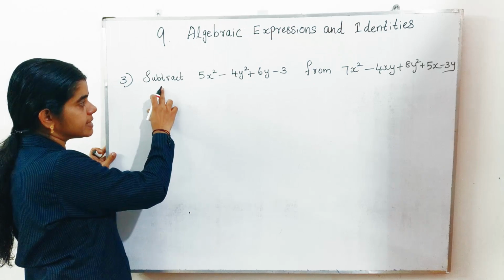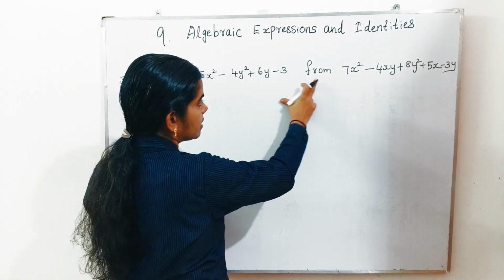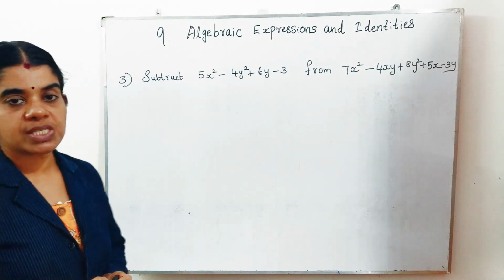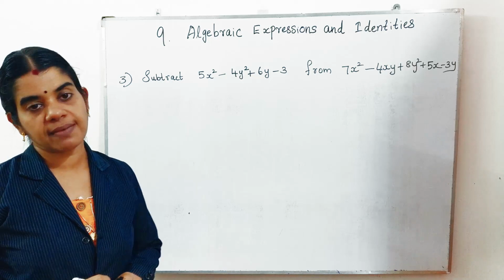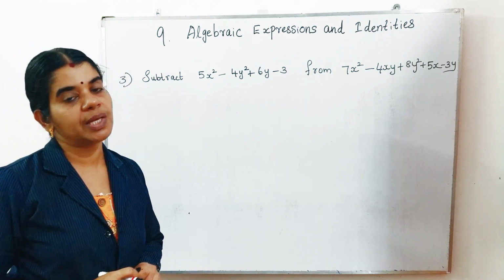Next question. Subtract 5x square minus 4y square plus 6y minus 3 from 7x square minus 4xy plus 8y square plus 5x minus 3y. Subtraction also you can do, like terms only you can subtract.